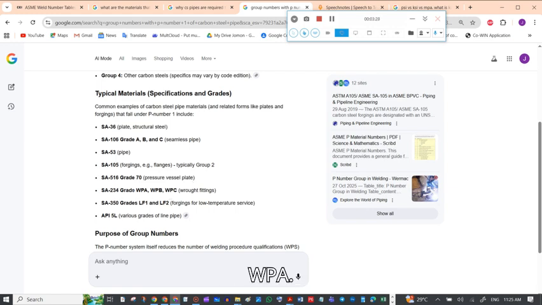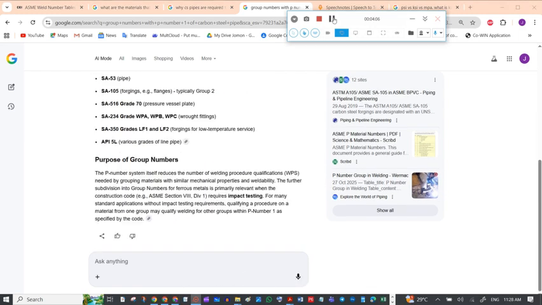SA234 grade WPA, WPC is for fittings, and SA350 grade LF1 and LF2 are forgings for low temperature service. API 5L is for various grades of pipes.